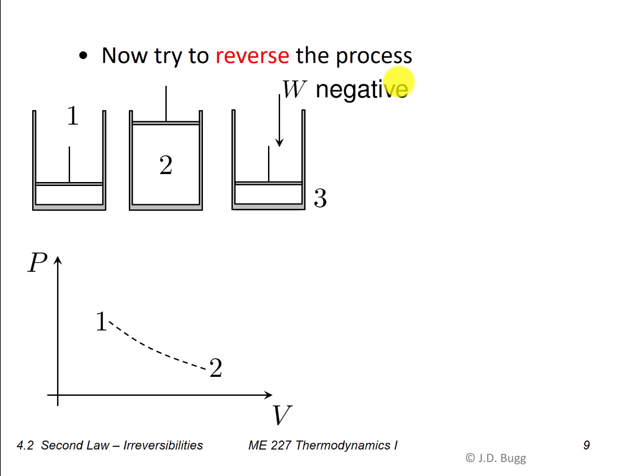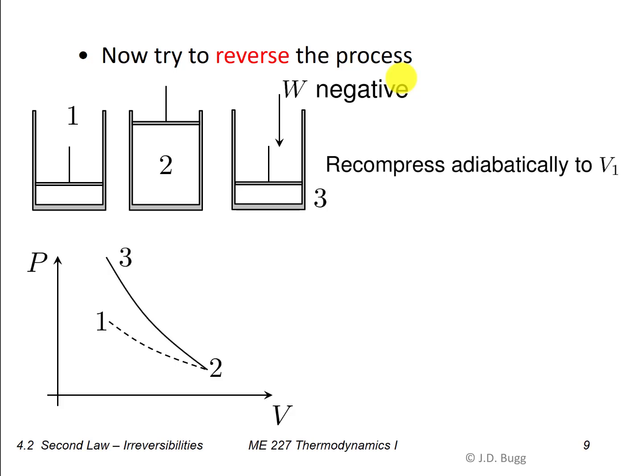Now when we do that, notice this is still insulated. The piston face and the cylinder are all insulated, so there's no heat transfer. If we do work on a gas with no heat transfer, then we're recompressing it adiabatically. That's the no heat transfer part. And so the pressure and the temperature are going to increase.